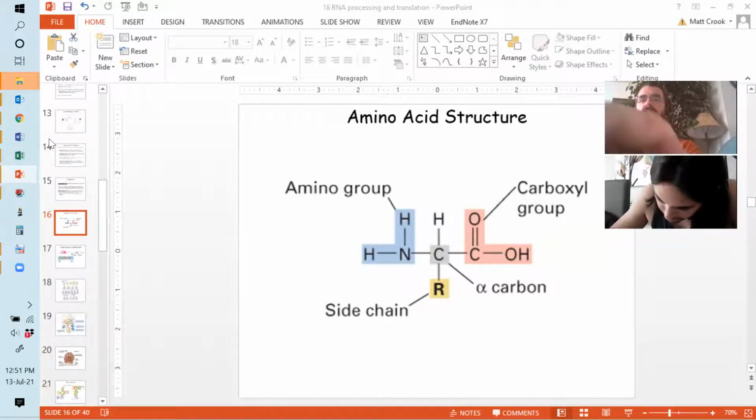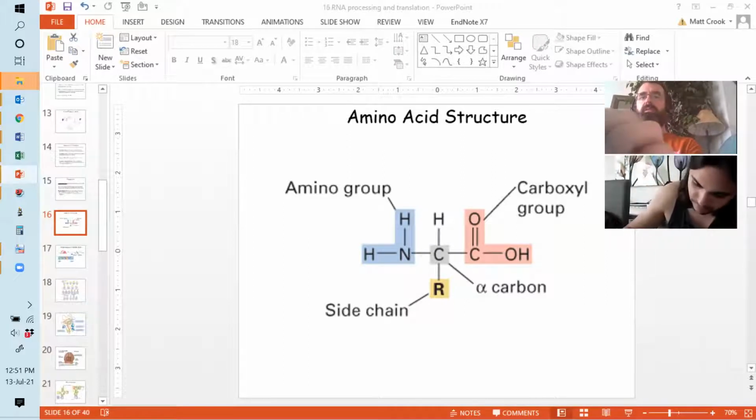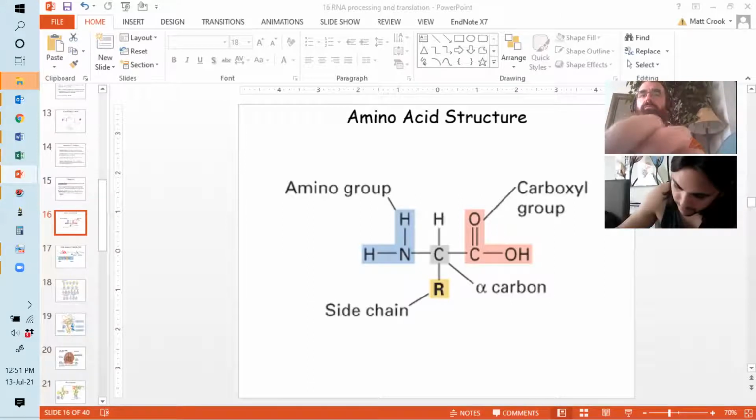And last but not least, what kind of bonds they can form with other side chains. And that plays a big role in 3D structure, tertiary structure. And then hydrophobic, that's where it's pushing the water out, right? Correct. Okay.